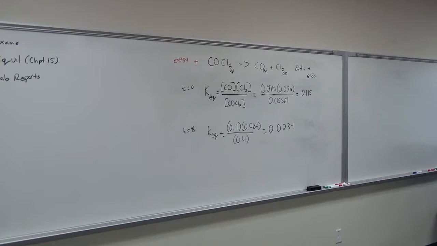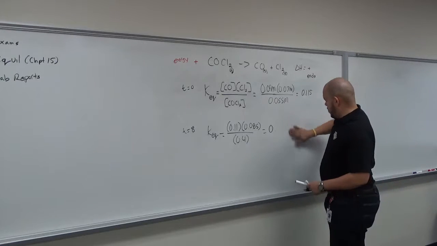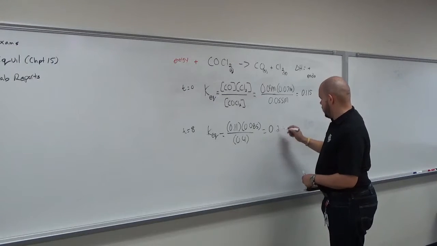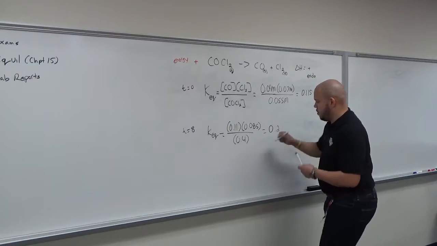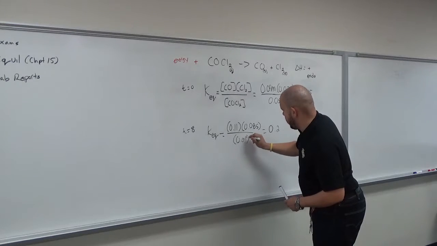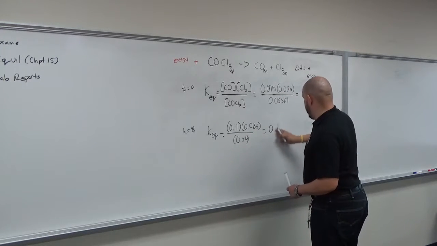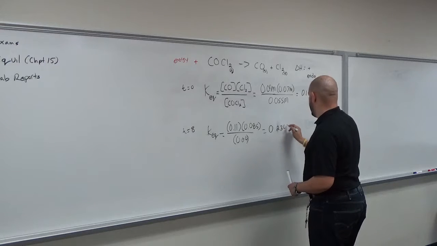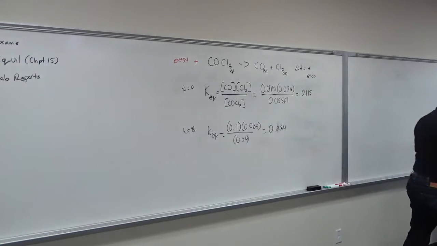Yeah, I used the wrong thing. Hold on. 0.11 times 0.085 divided by 0.04. Excuse me. You're right. This should be 0.0, and this should be order of magnitude, so 2, 3, 4. All right, sorry about the number.